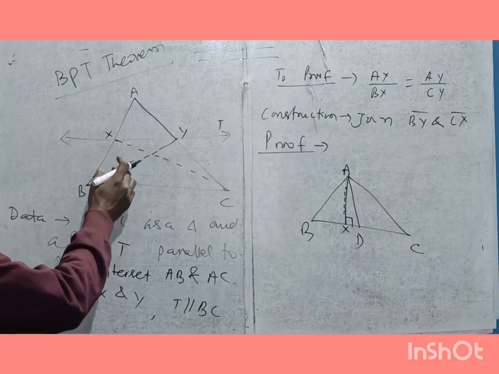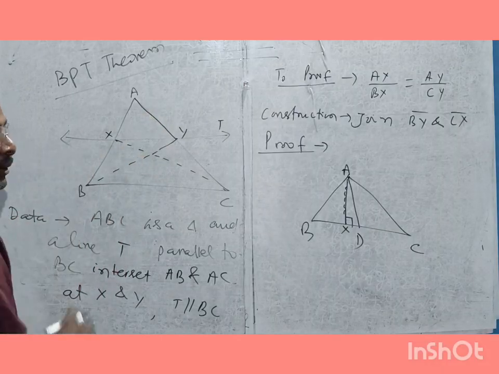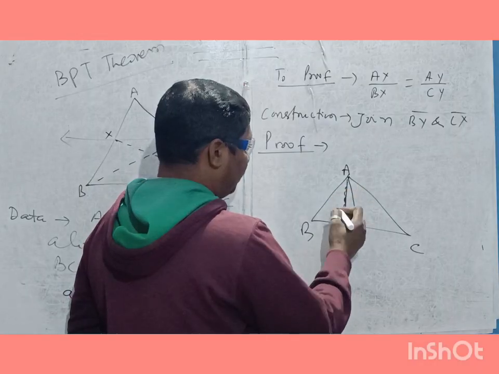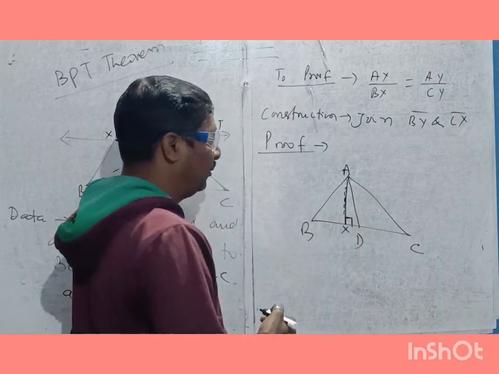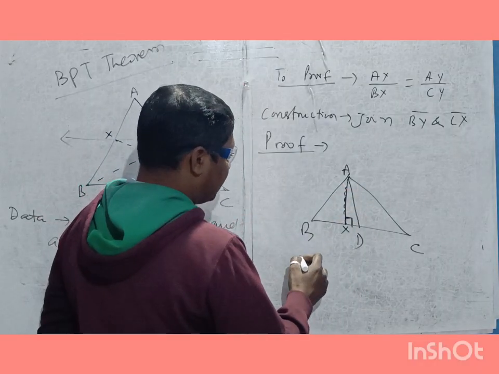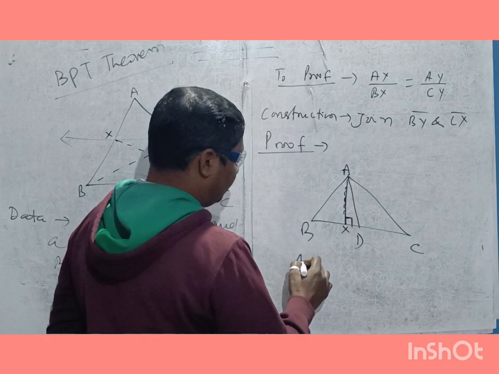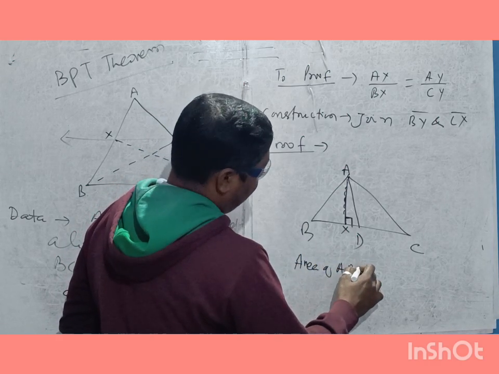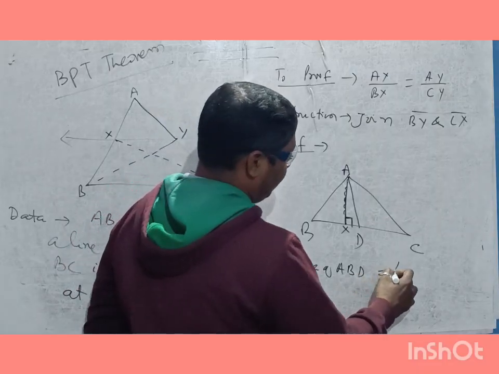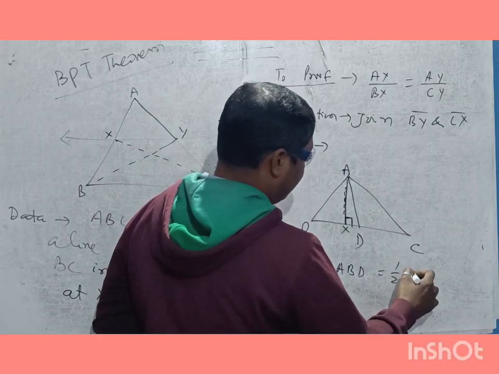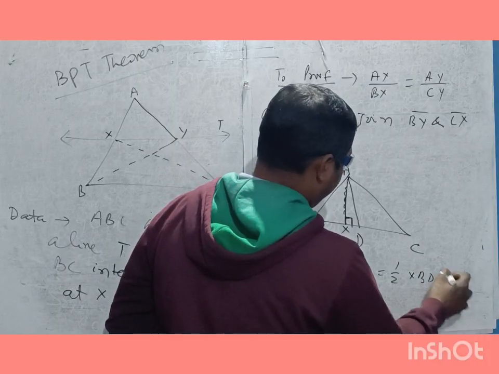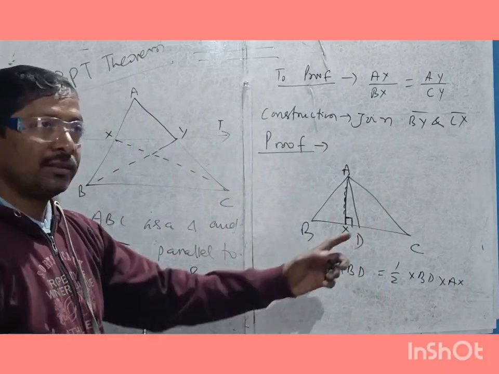You have to calculate area of AXY and area of BXY, so just learn from this figure. Area of ABD will be how much? Half base into height: half base BD into height AX, if it is perpendicular.